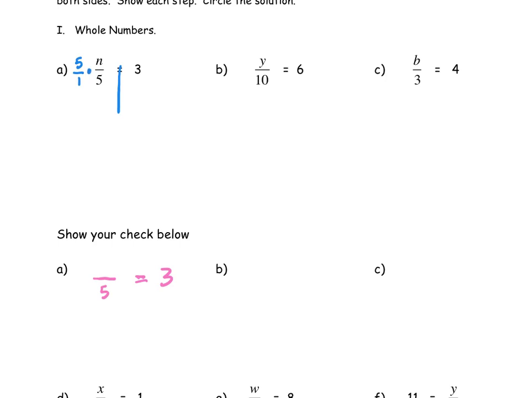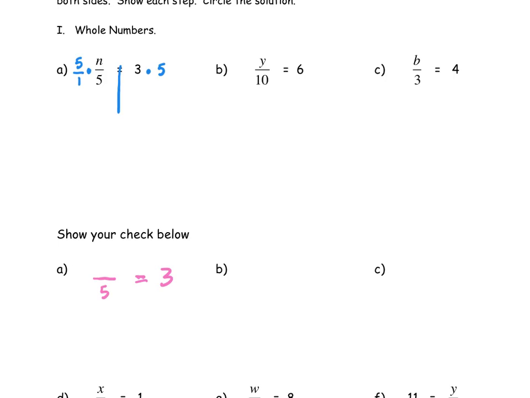This is the opposite of dividing by 5. And on the other side, I have to multiply by 5 also. But because this 3 is a whole number, I don't necessarily need to write 5 in fraction form. I can write multiplying by 5 as I normally see it. So I'm going to write times 5.